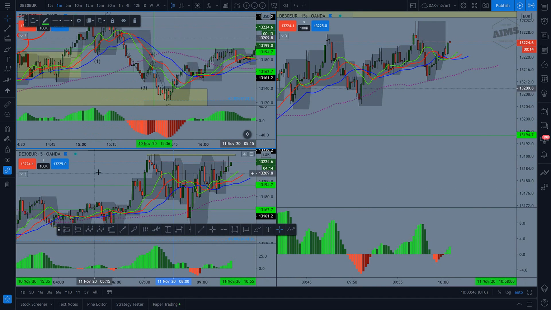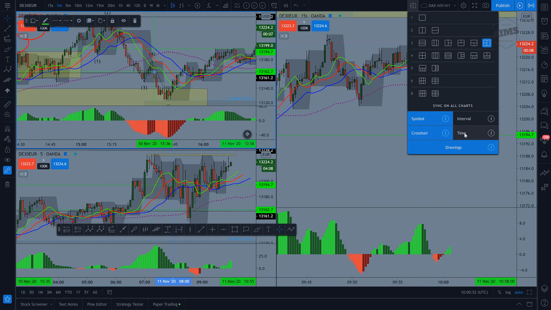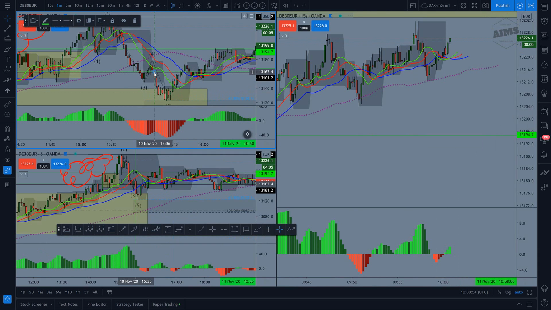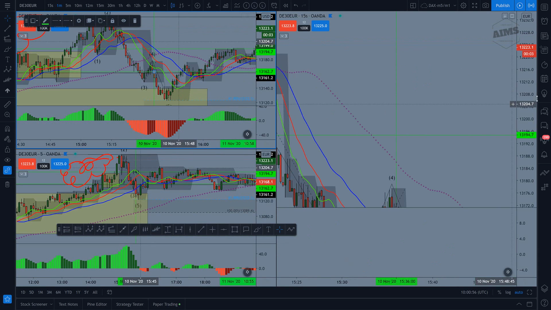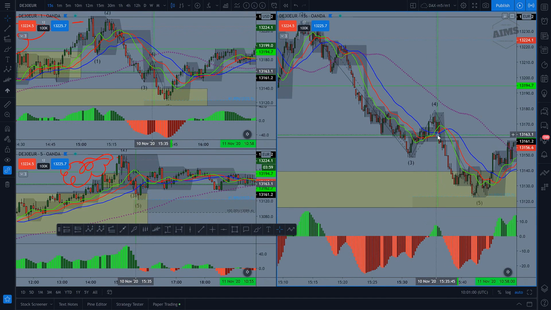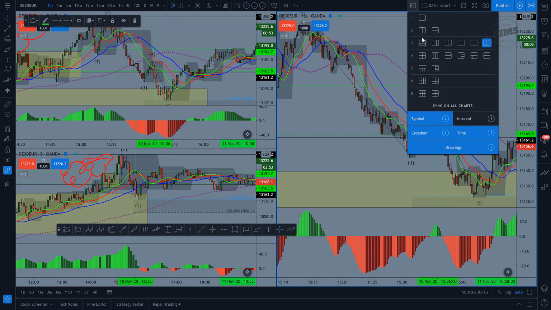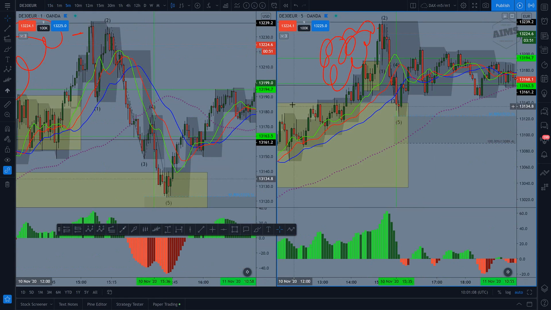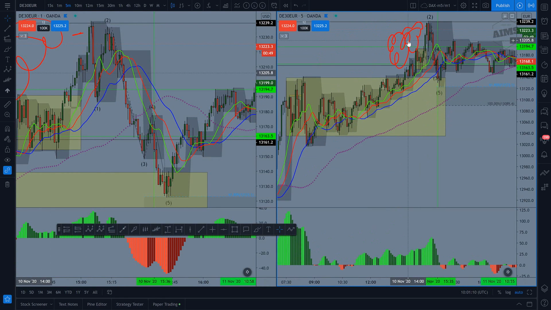Okay. Actually, let's change this setting. If you do this time, and then you click on that, everything will shift to that time. See over here? This chart. Let's just make it 2 charts for now. So here we go.